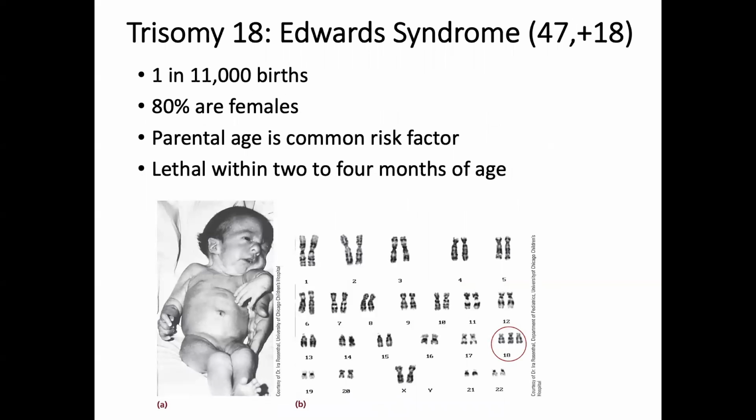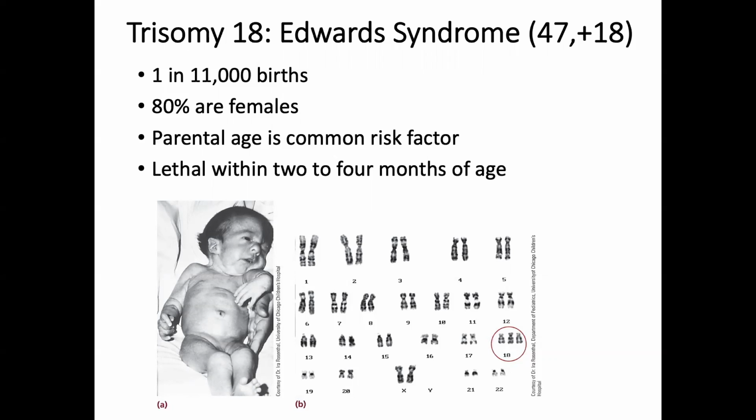Another autosomal aneuploidy disorder is trisomy 18. This is also called Edwards syndrome, which is caused by the presence of a third copy of all or part of chromosome 18. The disorder affects 1 in 11,000 births, and 80% of cases are females. Babies are often born small and have heart defects.